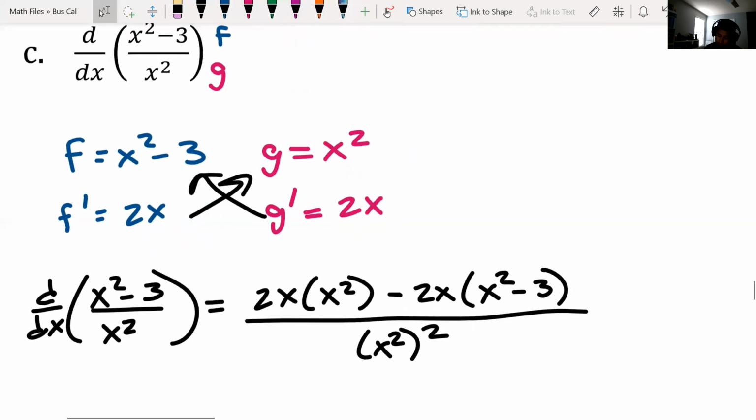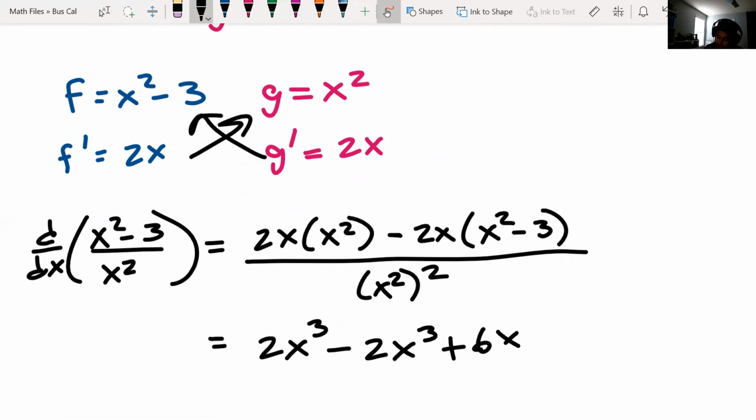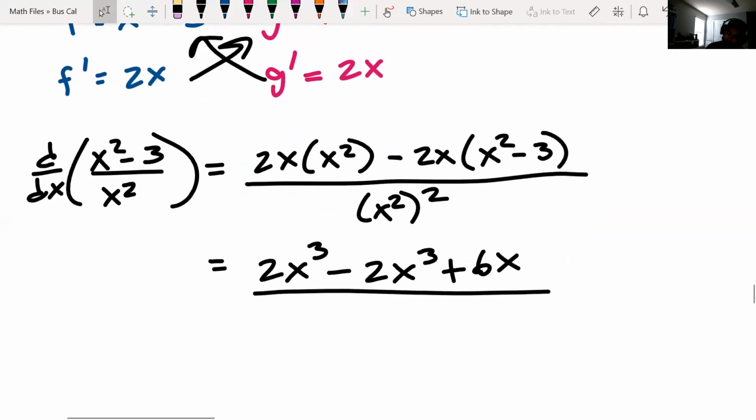Okay. So again, derivatives done, quotient rule's done. Now we just clean up algebraically. So this would be 2x cubed minus 2x cubed plus 6x all over x to the 4th.